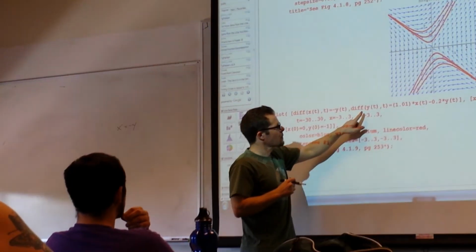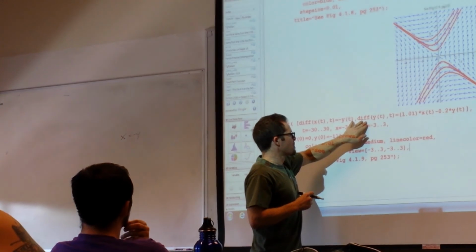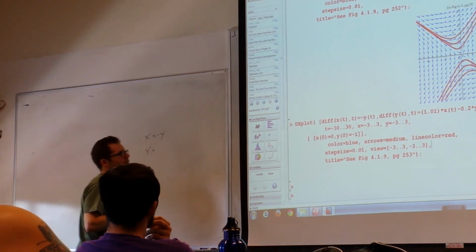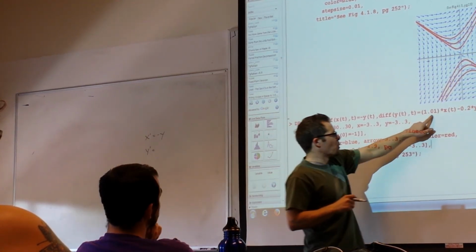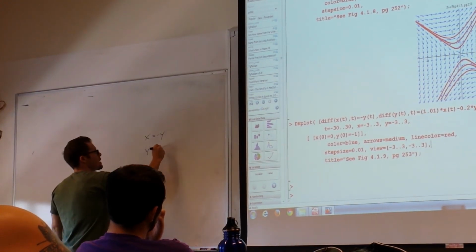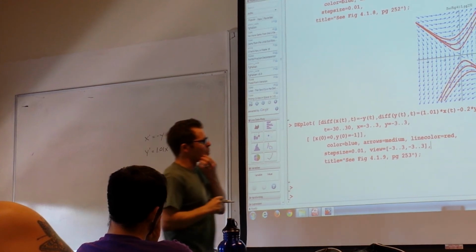So that started off a lot like the one we had. But over here, the derivative of y of t, so that's y prime, equals 1.01x minus 0.2y.